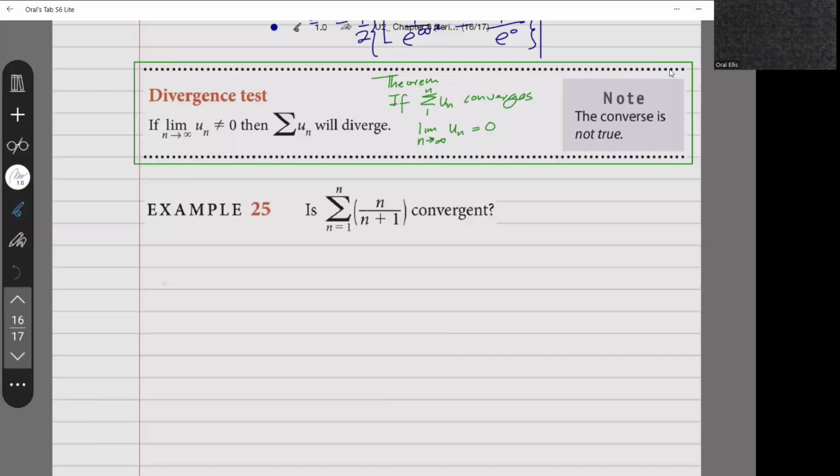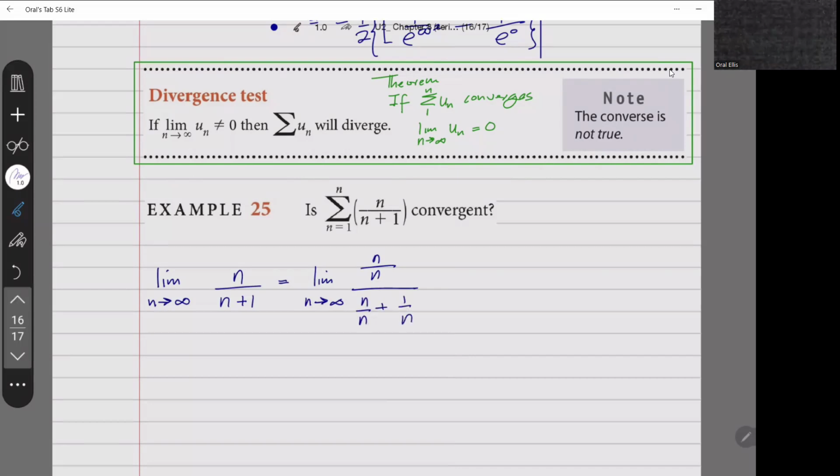The divergence test says that the limit as n approaches infinity of n over n plus 1 would be equal to the limit as n approaches infinity of n over n, n over n plus 1 over n.